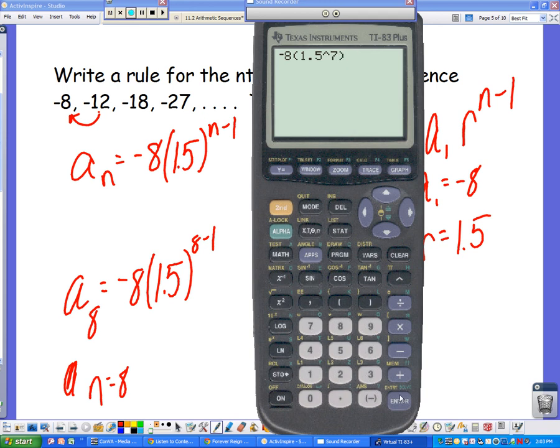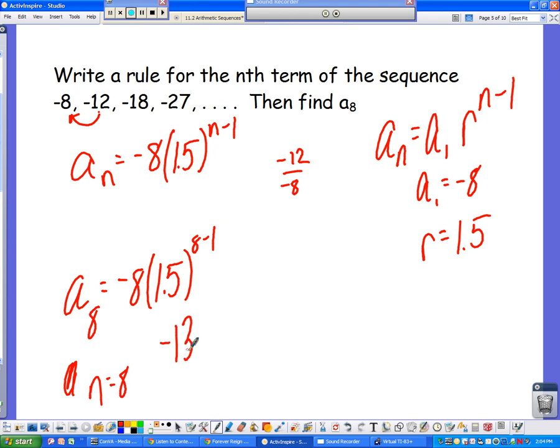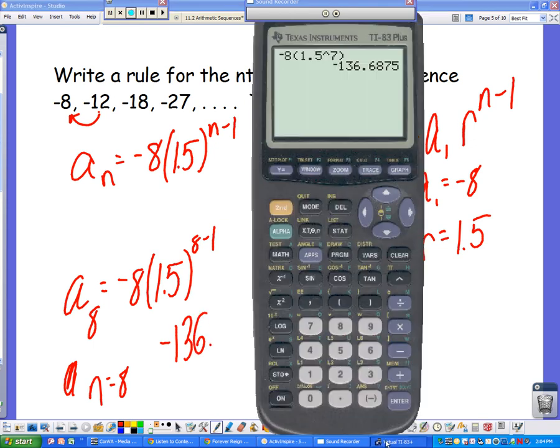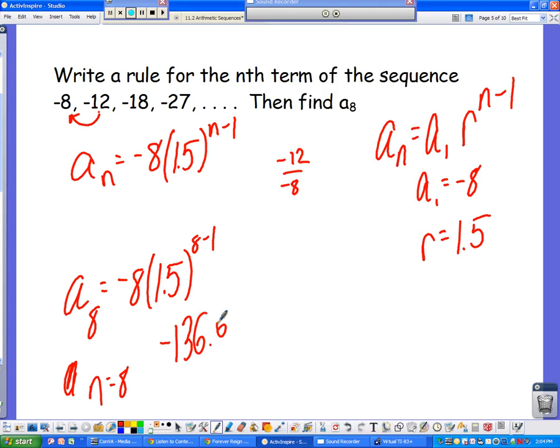Okay, close the parenthesis, and I get negative 136.68. So my a sub 8 is negative 136 point, and let's just put a couple decimal places, actually 0.6875. Okay, as your answer. Okay, so go ahead and try the next one.